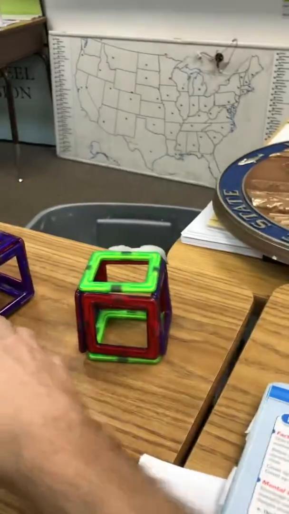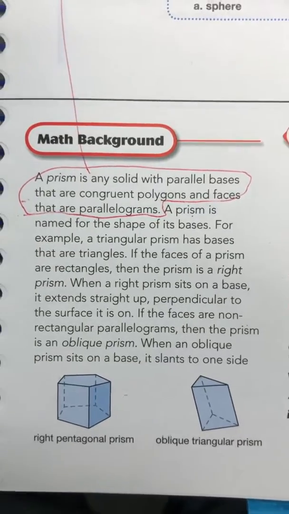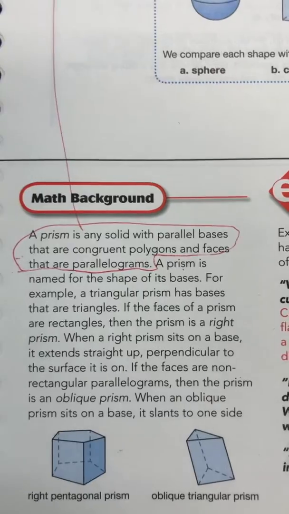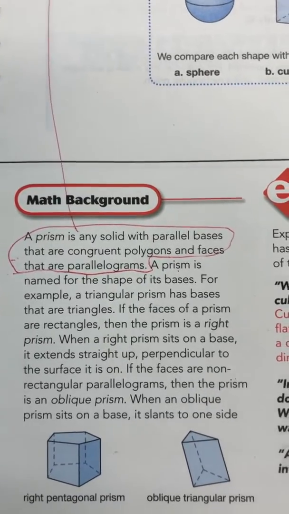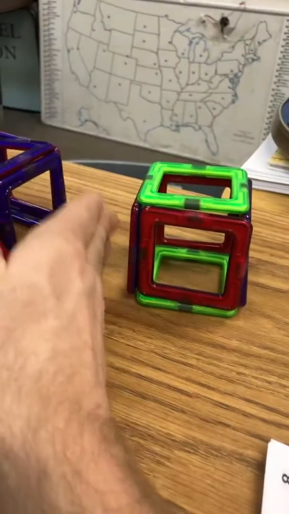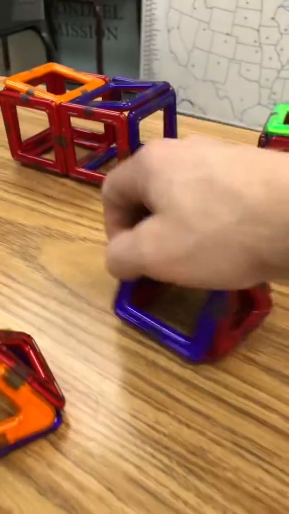And you're wondering, okay, all of those, what is a prism? Well, let's read this cool little thing here that'll show you if you were here. A prism is any solid with parallel bases that are congruent polygons and faces that are parallel. So what does that mean? Okay, that means this face and this face are parallel. They have parallel bases. What does that mean on the triangular prism?